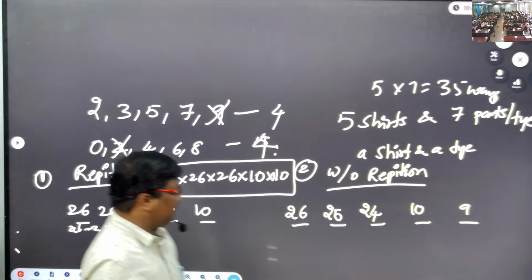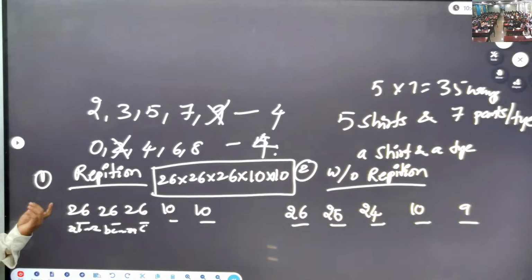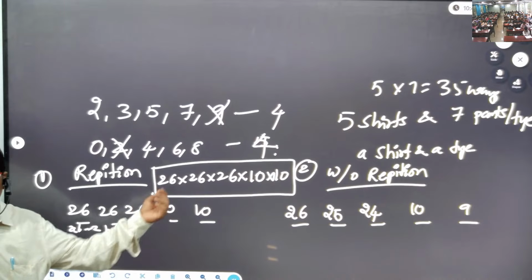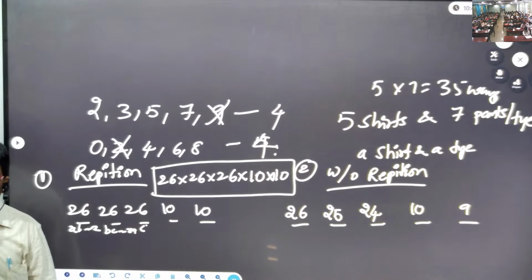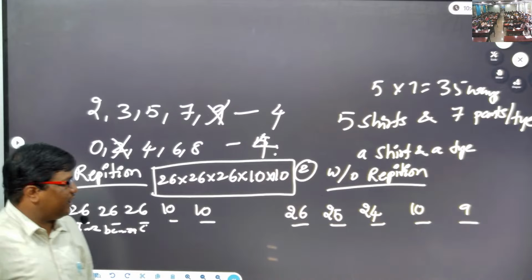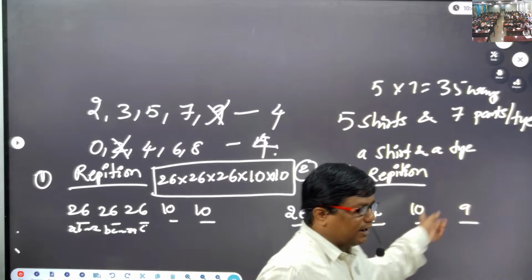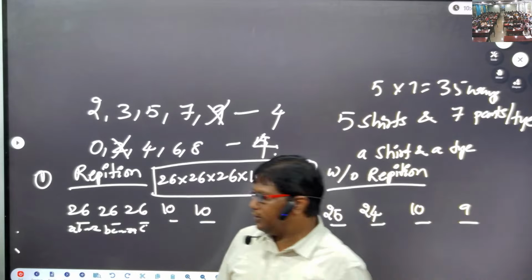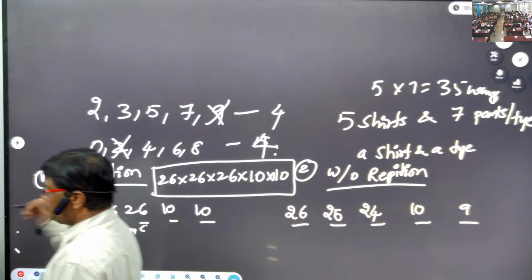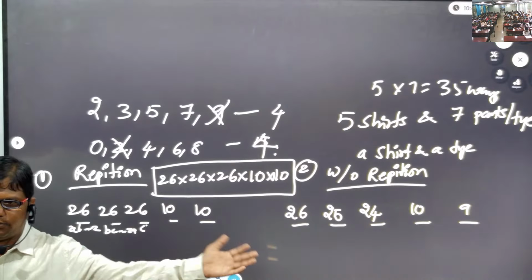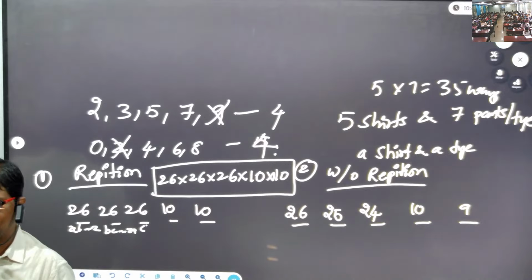So if it is with repetitions, you will get 26 into 26 into 26 into 10 into 10. If it is without repetition, you will get 26 into 25 into 24 into 10 into 9. Okay. So just divide the page into 2 parts, write with repetition and without repetition, and write the answer.